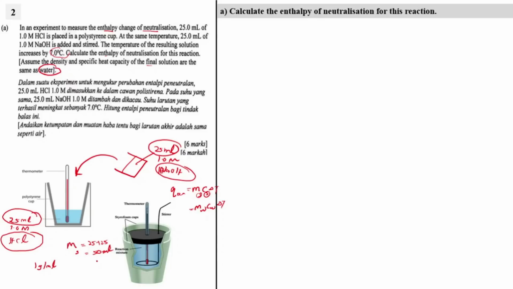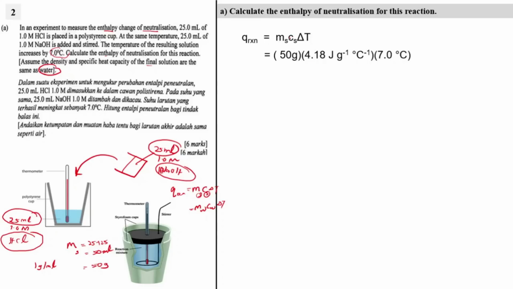So if we have 50 ml, we're going to get 50 gram of water. So we're going to put the formula Q reaction is equal to m c delta T, where the solution is equal to the water. Then we substitute the mass of the solution or the mass of the water, which is 50 gram because we add up two of them together.